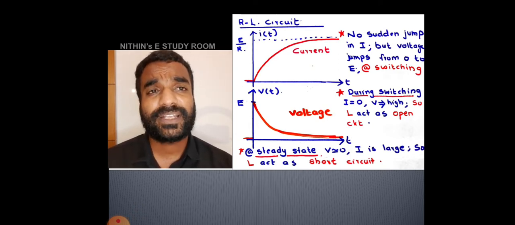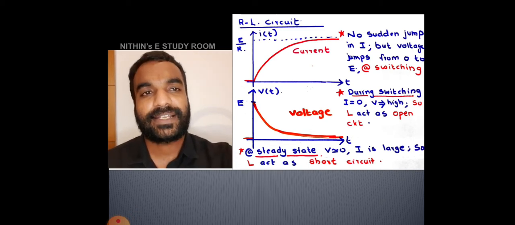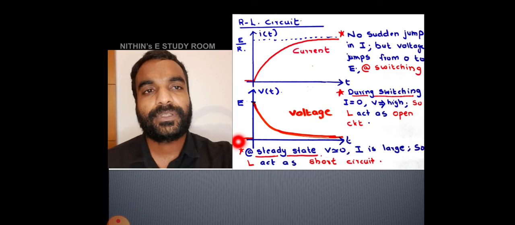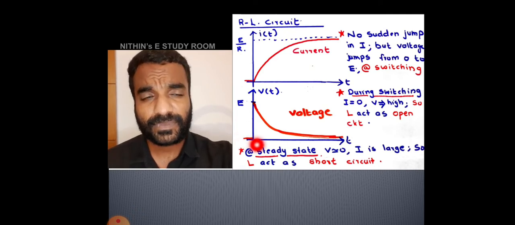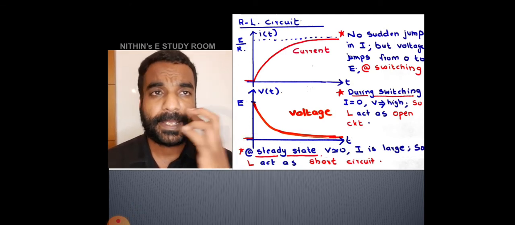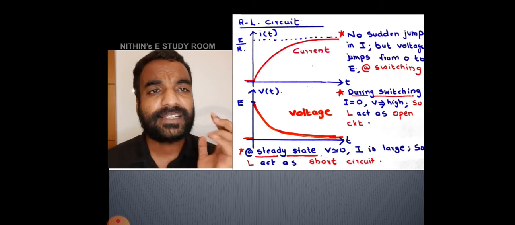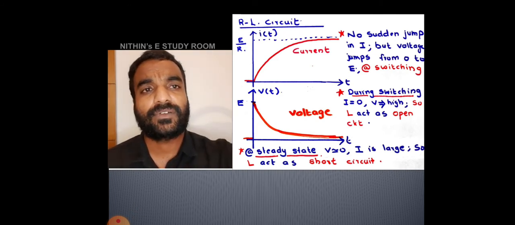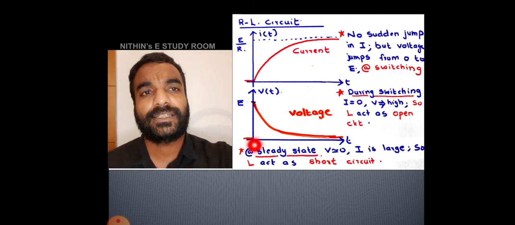But in case of voltage in the inductor, it is not like that. Voltage has a sudden jump. While the switch is open, initially the voltage was 0, and then when the switch is closed, the voltage suddenly jumps to a high value.